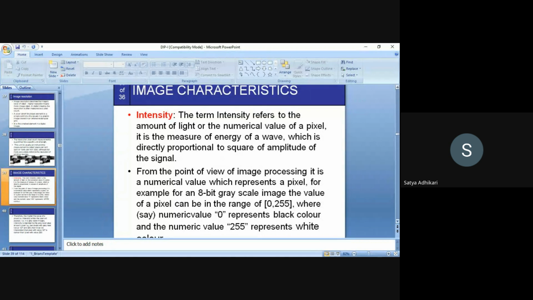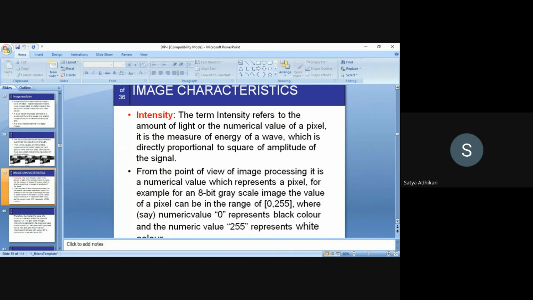It is a measure of energy of a wave, which is directly proportional to the square of the amplitude of the signals. And as we already discussed, this value is a range. For an 8-bit grayscale image, the value lies in the range 0 to 255, because there are 256 values, 2 to power 8, where 0 represents the black color and the numeric value 255 represents the white color.